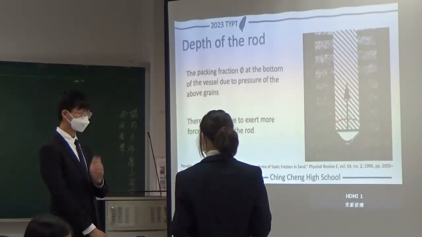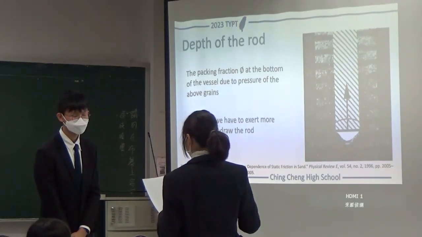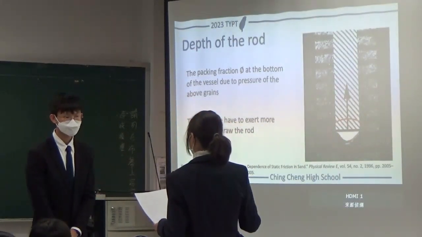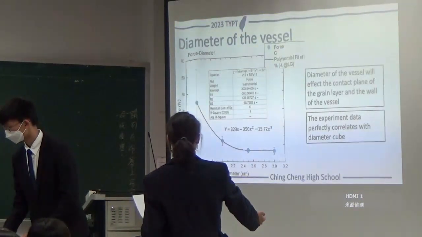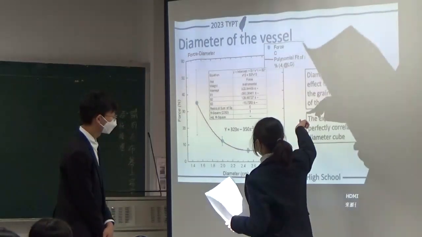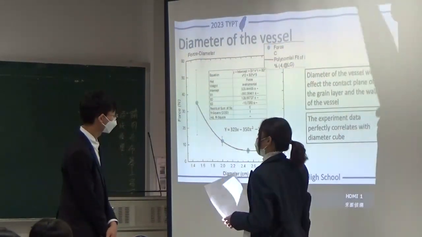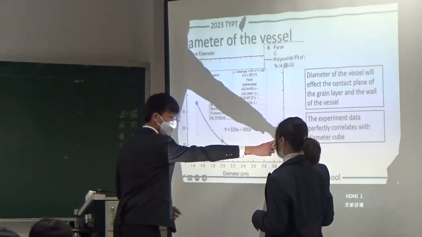And the next question is, do you think the diameter of the vessel will change this phenomenon? Do you think this point will move to here because it is more stable? You say the point moved to here? Yeah.